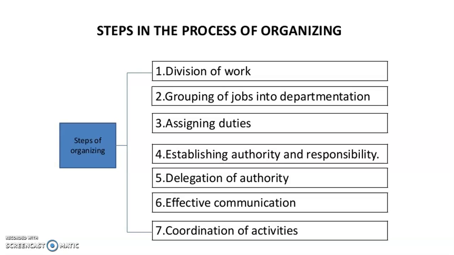Then coordination of activities, like the completion of tasks is being done in different departments. Then those activities are combined together, that is coordinated, so that the main objective of the organization can be achieved.